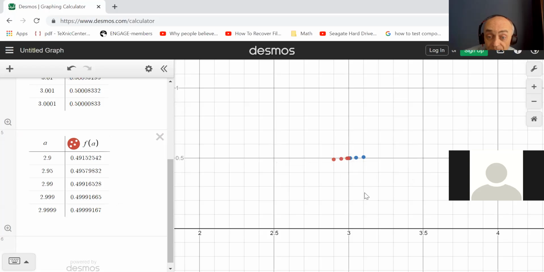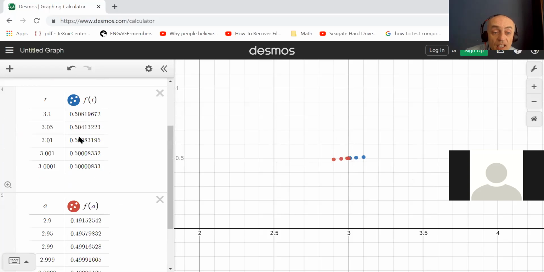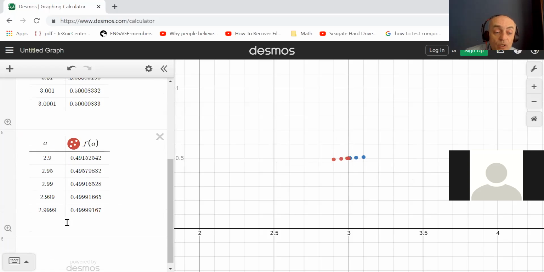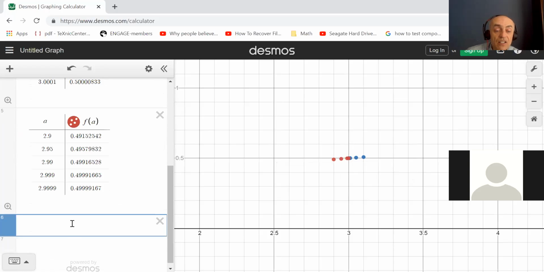They approach this common value from the left, and these blue points approach 3 comma 0.5 from the right side. So what we did here is called side limits, and we got side limits from both sides. We say the left side and the right side, because there are only 2 directions on the x-axis. It's either coming from the left or coming from the right. There's no other way to move along a line towards a point.